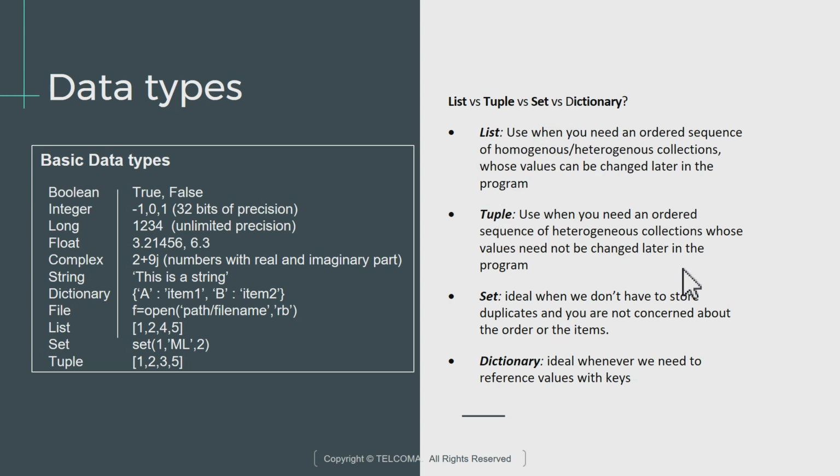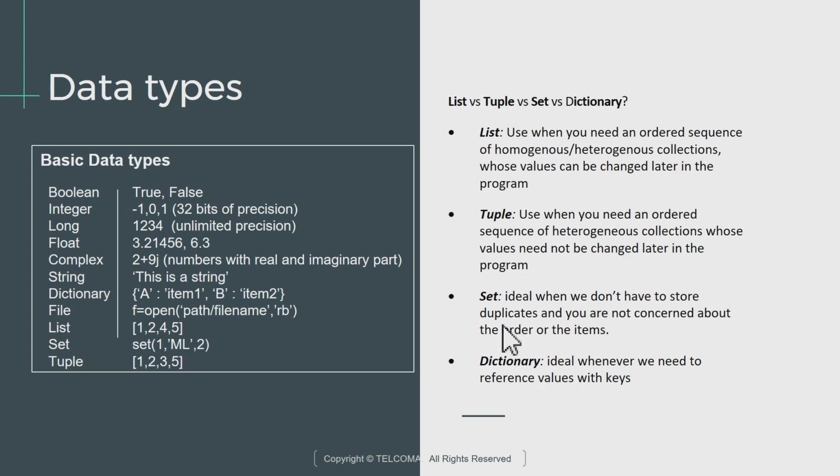A tuple is used as an ordered sequence of heterogeneous collections whose values need not be changed later in the program. Set is ideal when we don't have to store duplicates and you're not concerned about the order of the items. And lastly, a dictionary is an ideal data type whenever we need to reference values with keys. So if you have custom indexes or a custom way of referencing a value which can be attributed as a key value pair, dictionary would be a more appropriate one.